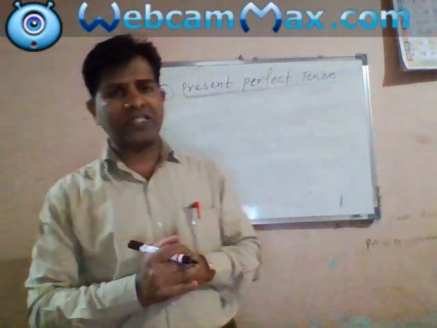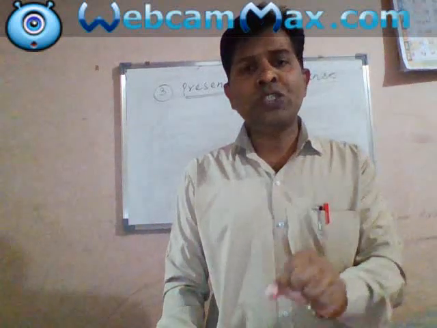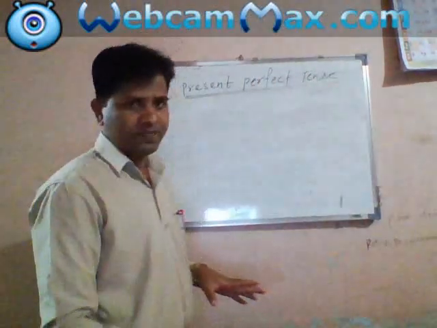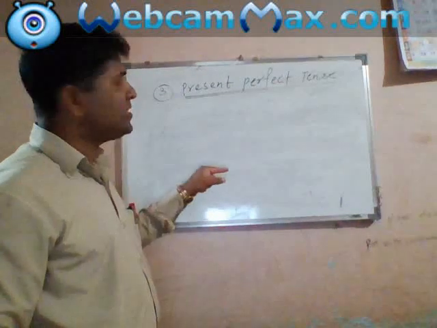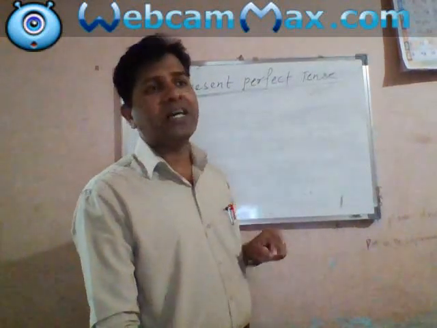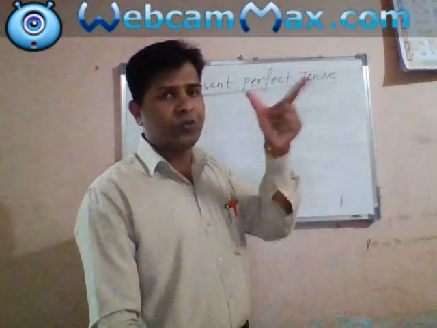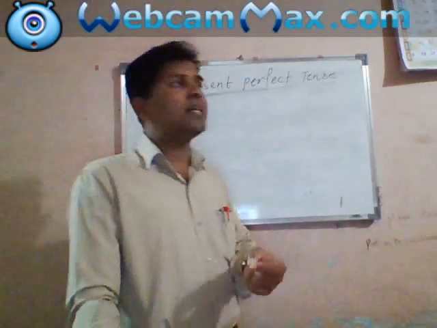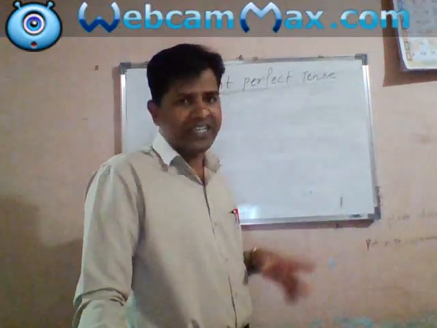Present perfect tense. Now I told you, dear students, in simple present, do and does, these are indicative moods. I repeat it. Why do I repeat? To make you understand. You must have a comparative study. While studying simple present tense, we use do and does. While studying present continuous tense, we use is, am, are plus V4. And you know, is, am, are are forms of to be in present tense.